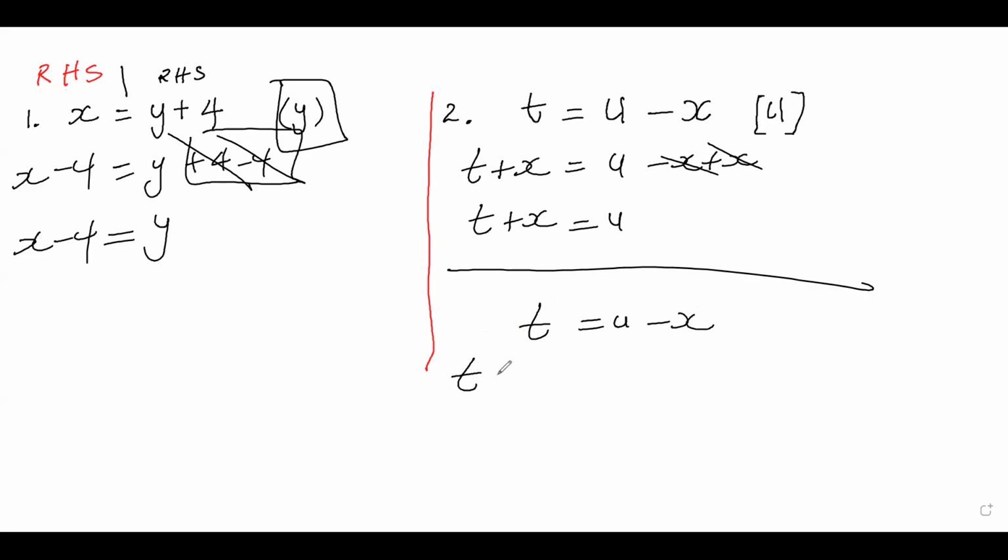So now it's T plus X equals U. But the first method actually shows you what it did with the X. So whenever there's something plus something, we either add or subtract them, Josiah.